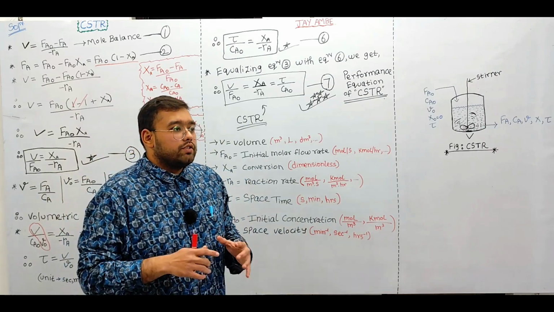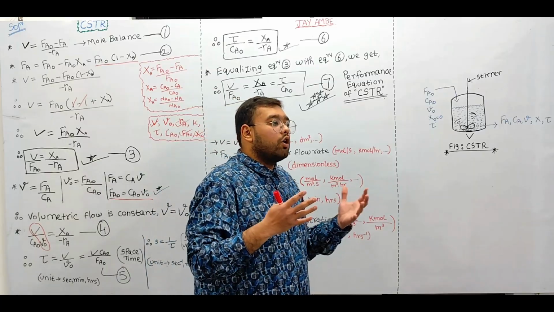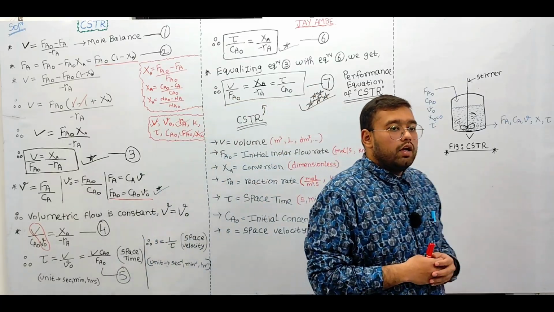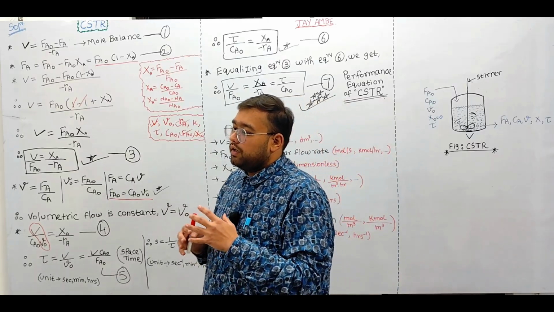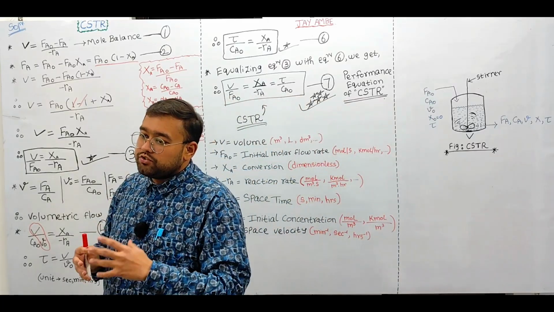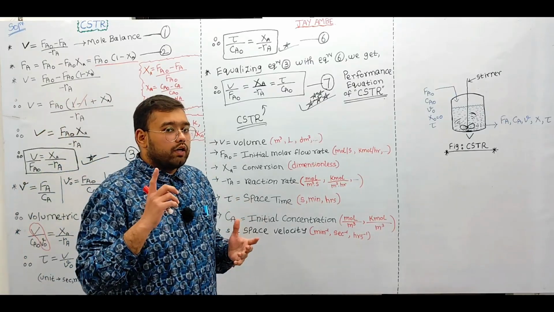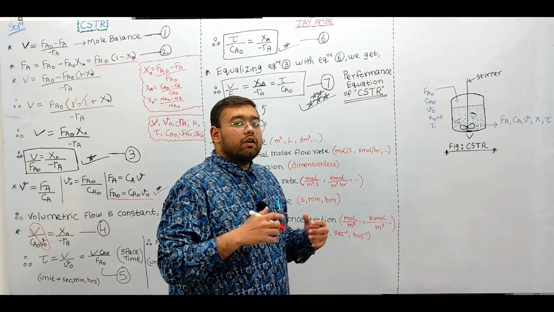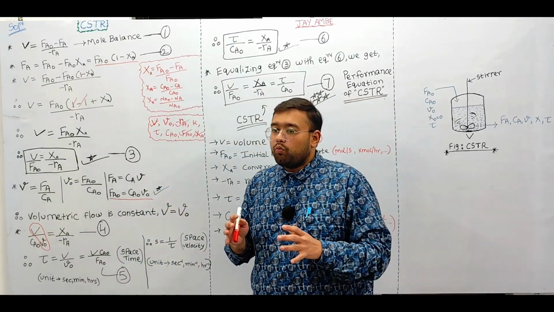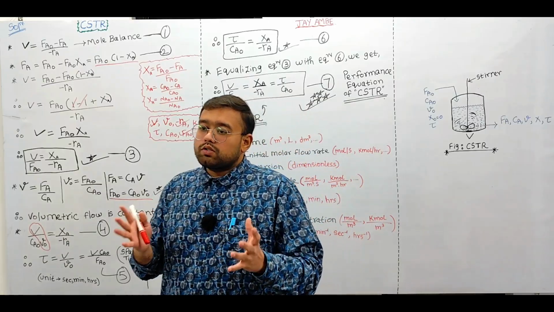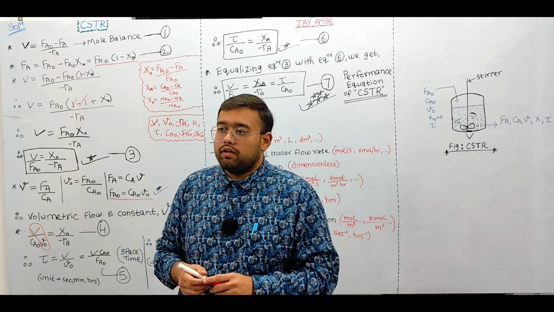By understanding the performance equation, we can understand how large a volume of reactor is required in order to carry out the reaction, how the rate of the reaction will change, how the concentration will change. What will be the conversion by using the CSTR? By using what volume of CSTR, what conversion will we obtain?